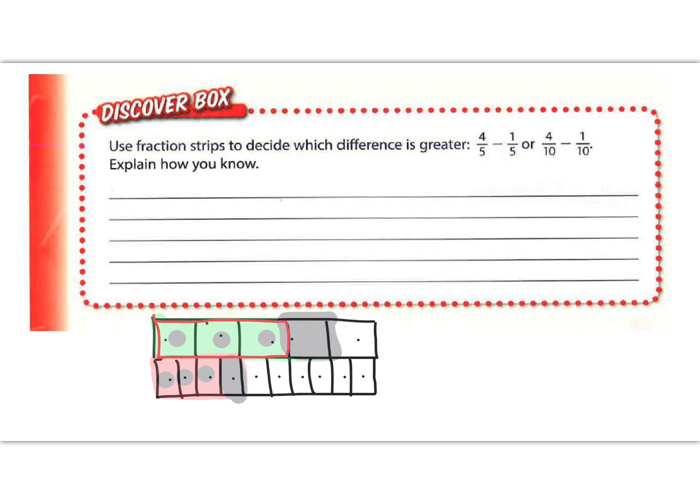So we know that fifths are bigger. So 3/5 is greater than 3/10. So here's the 3/10 down here. And we can see that the green piece is bigger than the red pieces.